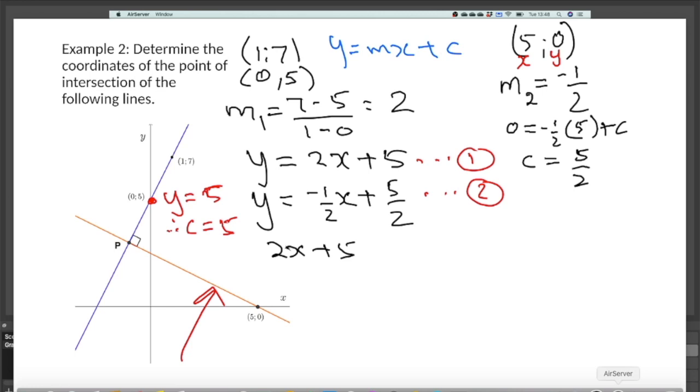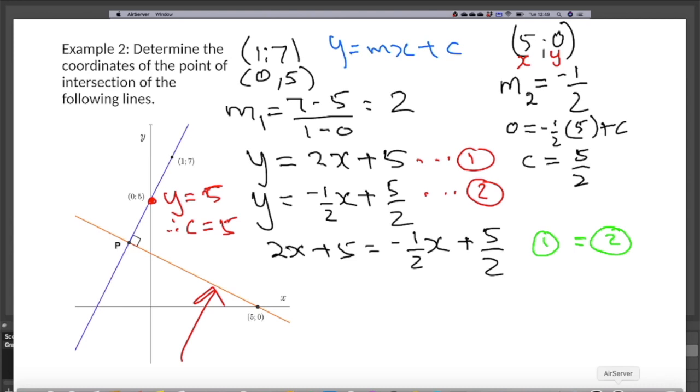So 2x plus 5 should be equal to minus 1 over 2 x plus 5 over 2. Those two should be equal. So we are just taking equation 1 and putting it equal to equation 2.